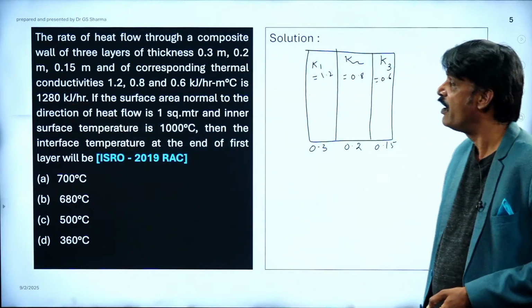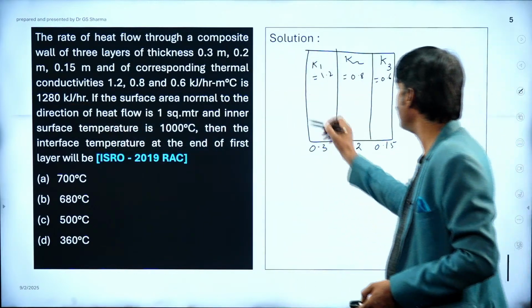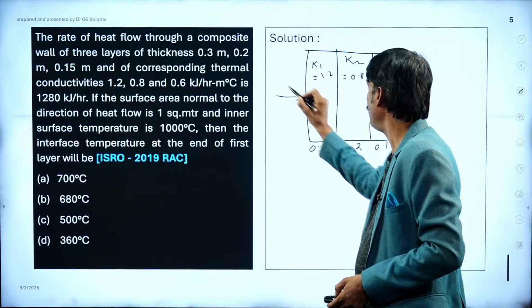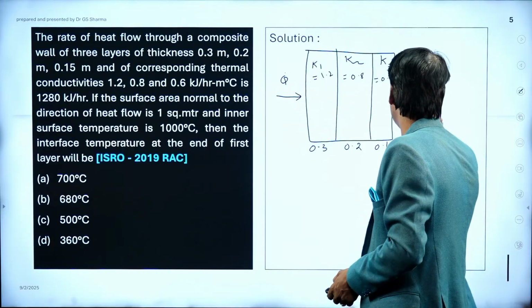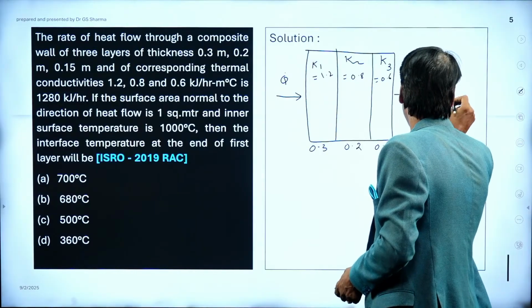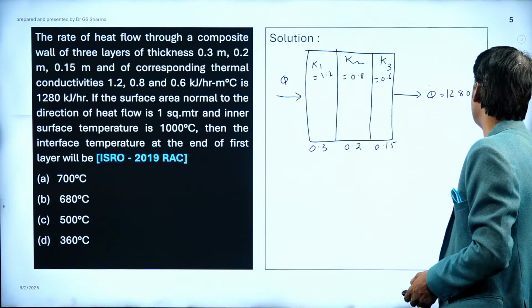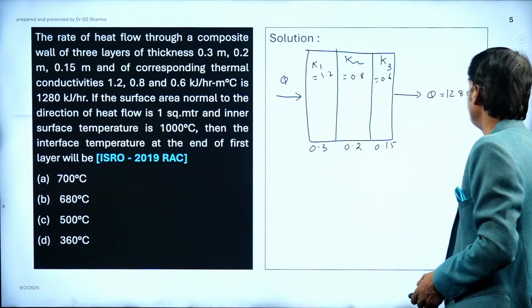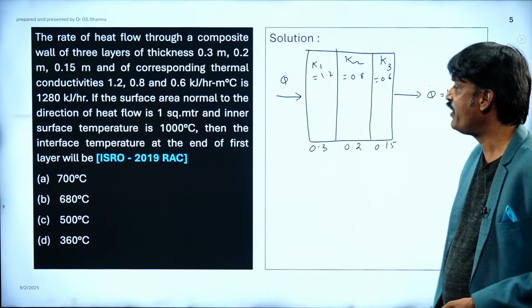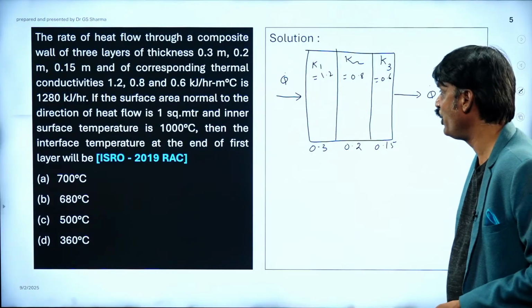but I don't suggest that, because the units of heat are also given in kilojoule per hour. He is telling clearly that the amount of heat flowing through this, Q dot, is around 1280 kilojoule per hour. The surface area normal to the direction of heat flow is 1 square meter.